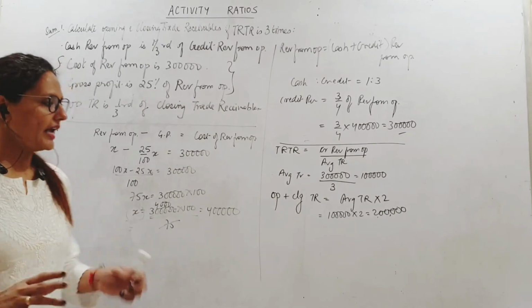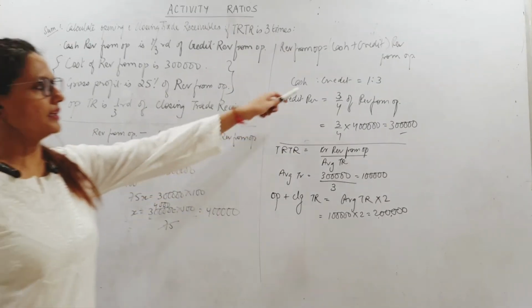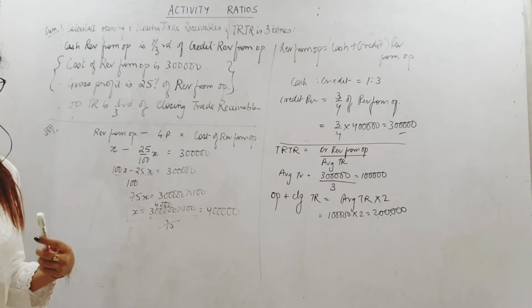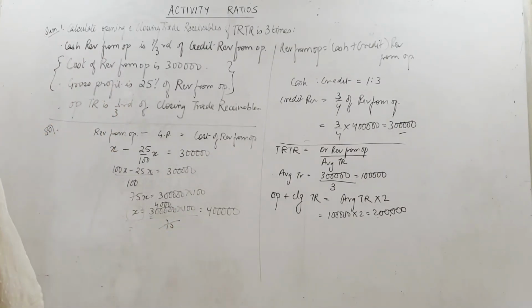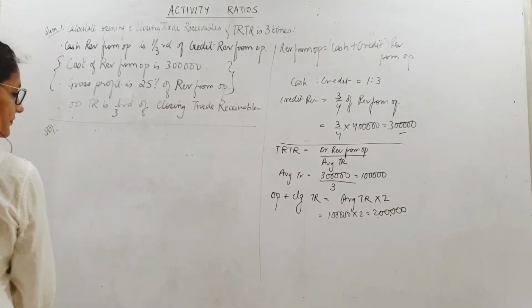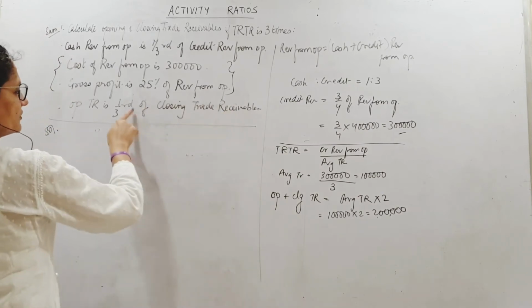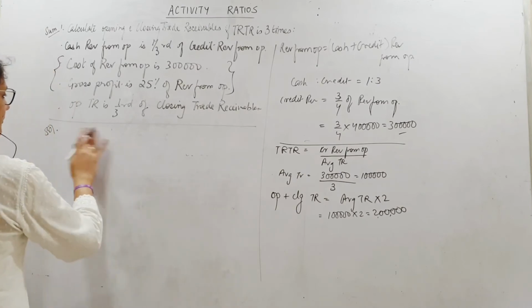Clear here? And I also know the relationship between these two. Now here I had shown 1:3 करके. Let me show you taking a variable, say y. So let us take one of them as y. So let me take closing trade receivables, because closing trade receivables का 1/3 है opening trade receivables.